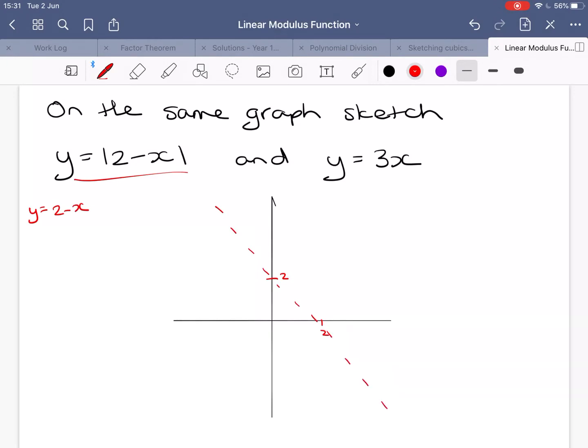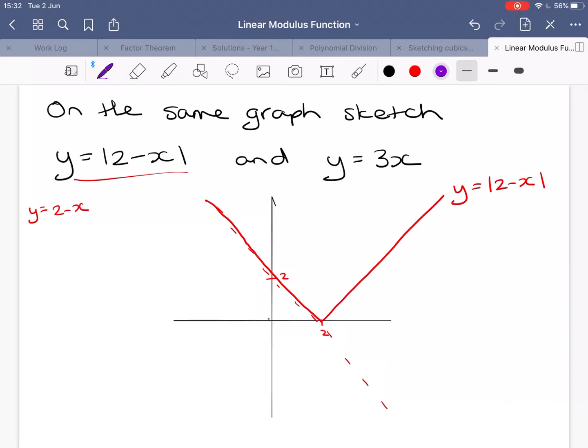But I want the modulus, so my modulus is going to be at the point when you hit the x-axis, it gets reflected back up again. So that becomes y equals the modulus of 2 minus x. Then it says, do the line y equals 3x.